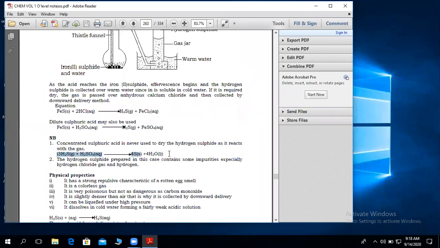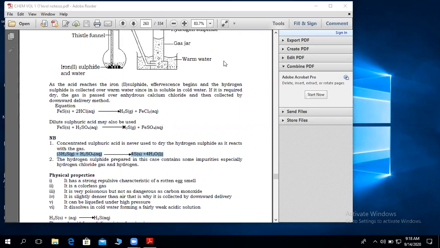When I say explain, please write the equation also. Write the equation, and the equation is here. 3 moles of hydrogen sulfide plus sulfuric acid. The products are sulfur and water, and we balance our equation.